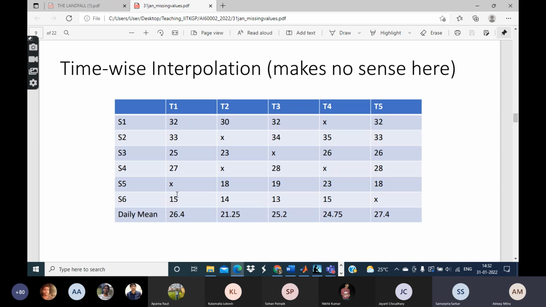Just by looking at it, you can understand that putting 26.4 here is probably not a very good idea, because we know that S5 and S6 are usually close to each other and their values are quite low. So 26.4 does not seem to be a possible value here for S5.